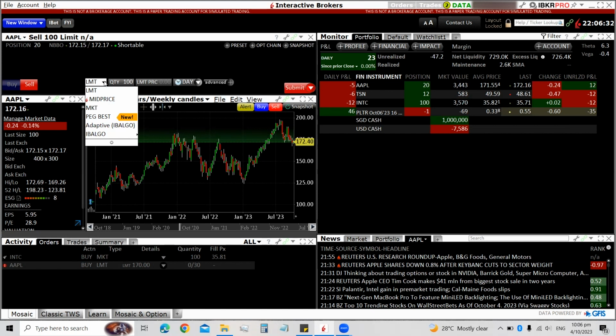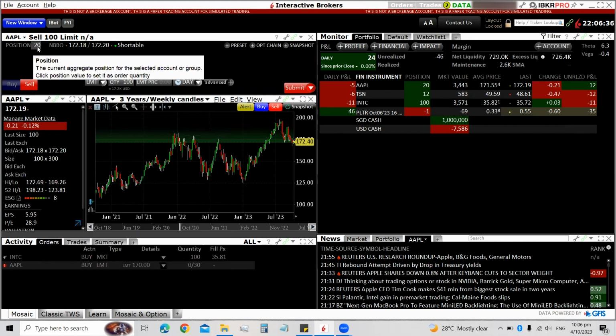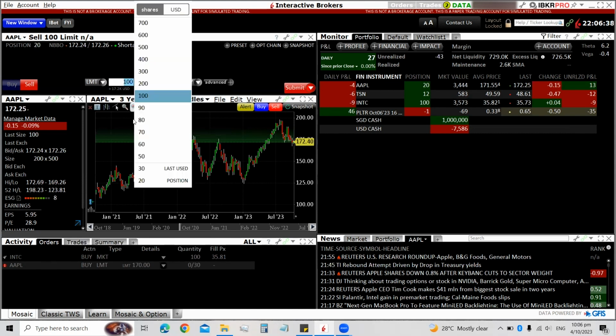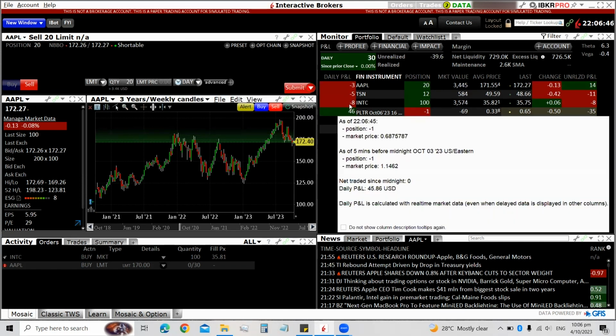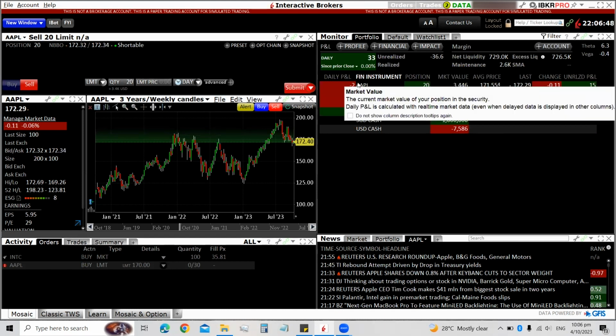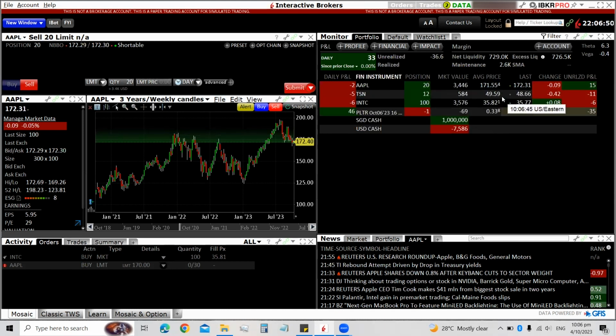Right now here, make sure that it's limit. Then the amount of shares that I want to sell is actually 20, so let's choose position 20. And here is the limit price that we decided to set. When I purchased the Apple shares initially, this is the average price, 171.55.